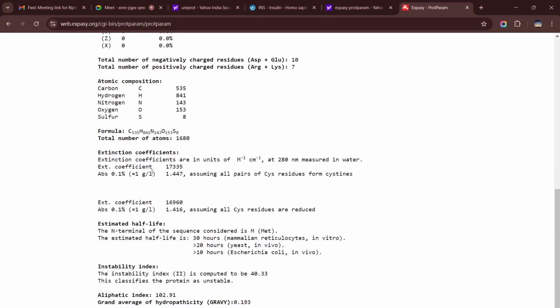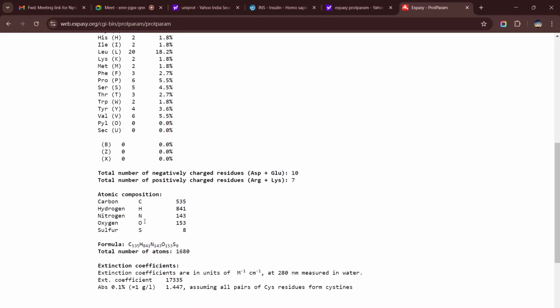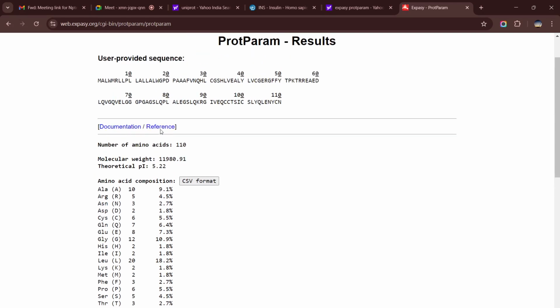You will have the extinction coefficient assuming all cysteine residues are reduced, so there are no disulfide linkages, or assuming there are disulfide linkages. Based on that, it will compute these parameters. It will give the number of amino acids and the molecular weight, depending on the amino acid sequence. It will also give the isoelectric point here, which is 5.22 for insulin.